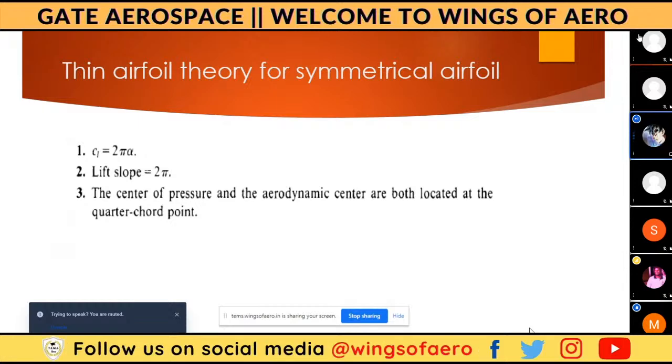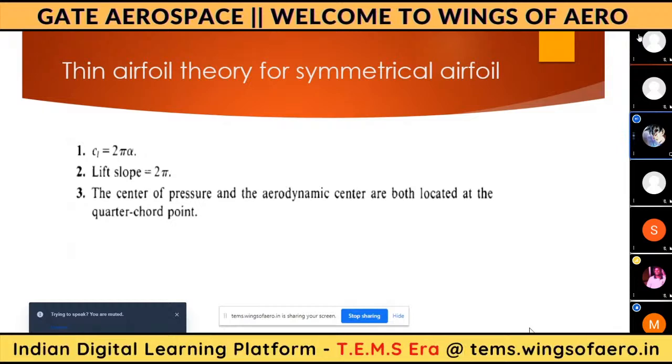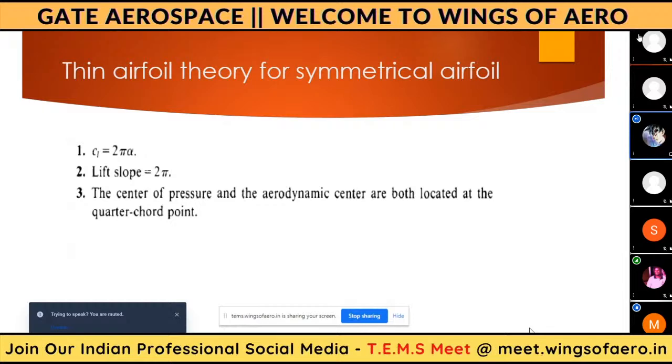So the main results for thin aerofoil: the lift curve slope is equal to 2 pi, and the center of pressure and the aerodynamic center are both located at the quarter chord point.